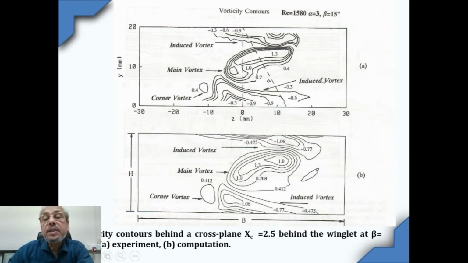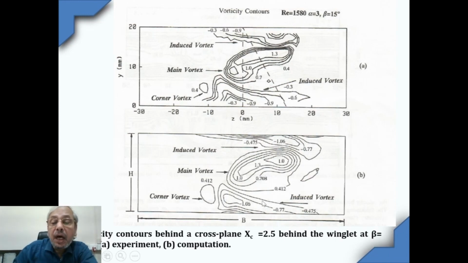After data reduction, it was fed through a DDA card to a computer, and the vorticity field was calculated in the post-processing program, and this was plotted.